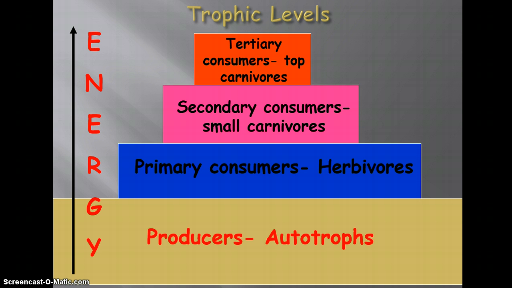So these small carnivores or omnivores, it should also say omnivores there, will only get 10% of 10, which is 1%. And then you have the tertiary consumers eating the secondary consumers. The secondary consumers only had 1% of energy available to them, and they had used some of that to stay alive. So again, 10% of 1 is 0.1%.